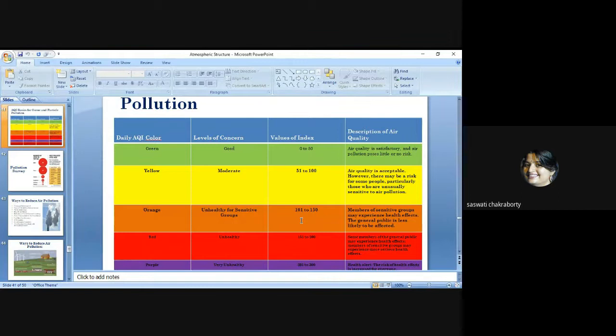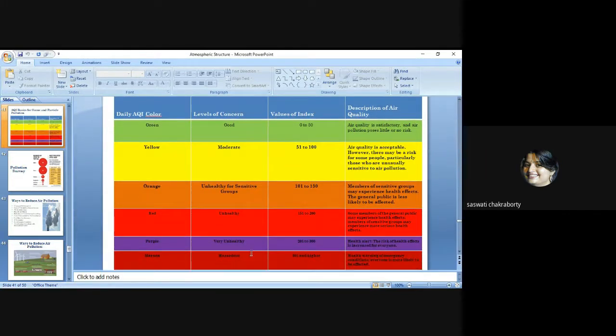Now, just correlate this with Asansol's index. In which band are we? Orange. So it is unhealthy for sensitive groups. Now, of course it affects the general public.